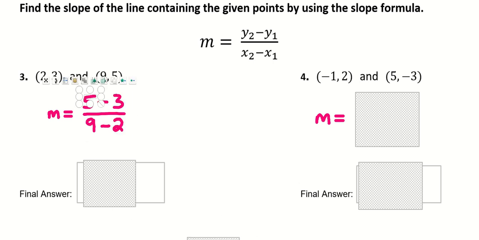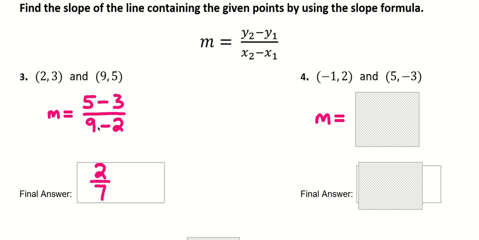So hopefully you remember that we're going to call 5 our y2, which makes 3 our y1, because we're subtracting the y coordinates up top and the x coordinates down here. Then you just let the formula run its course.